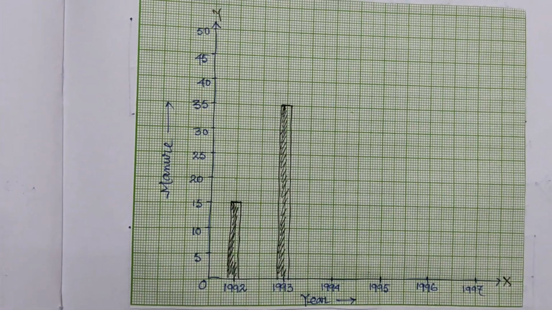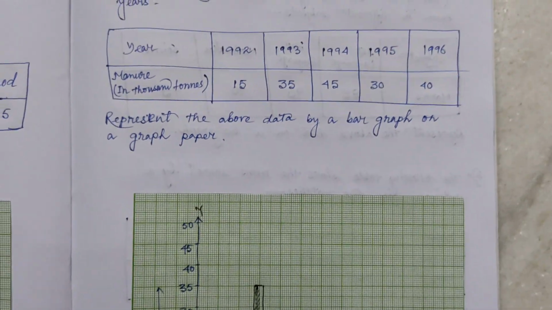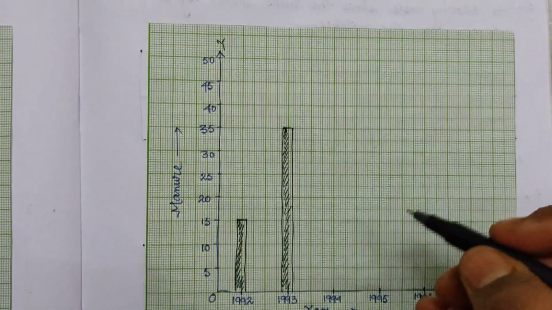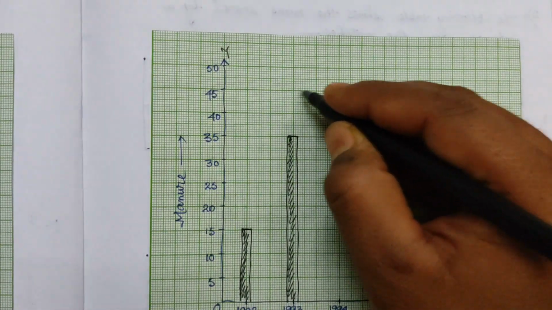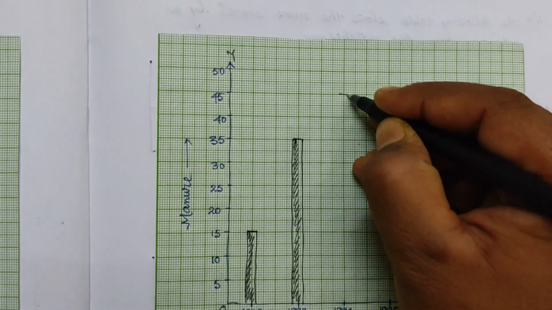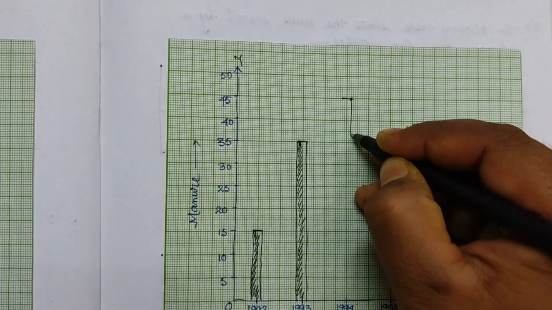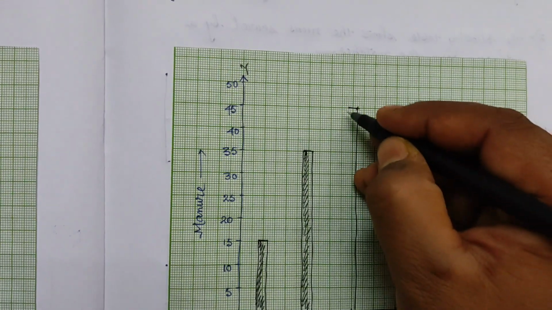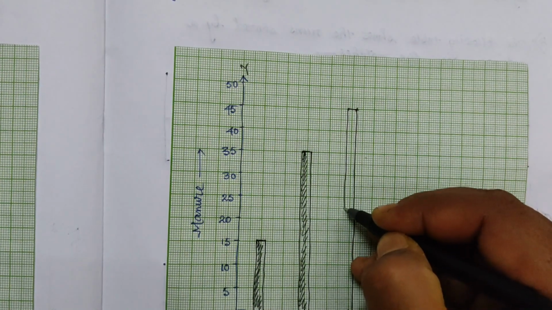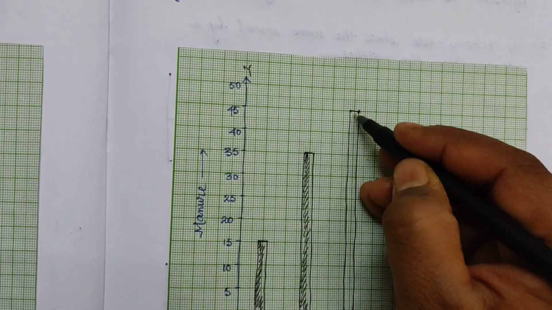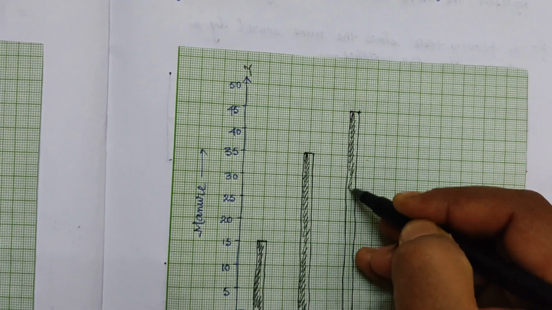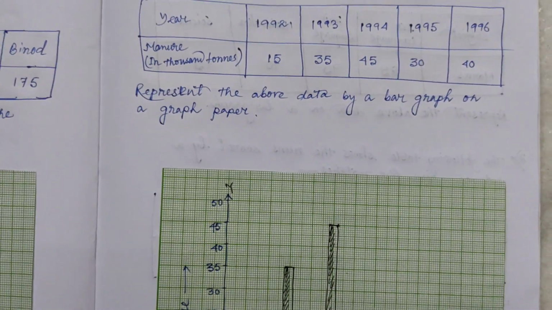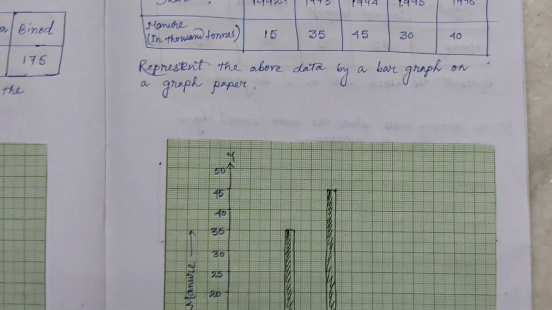Next, 1994, 45. So up to 45 we have to draw. 45 is here. So in 1994, 45,000 tons. Next, 1995, 30.